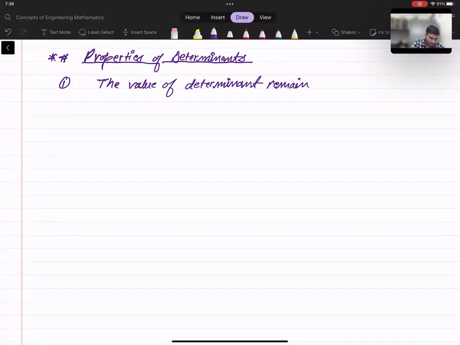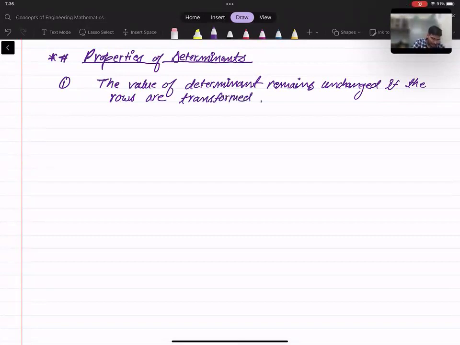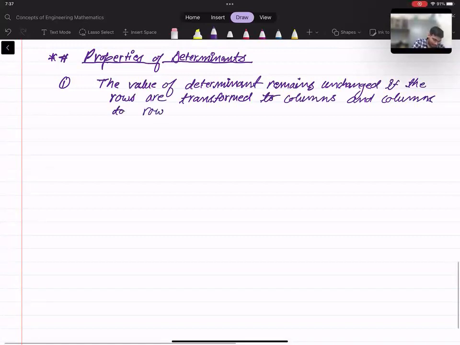The value of the determinant remains unchanged if the rows are transformed to columns and columns to rows. So what does this mean?